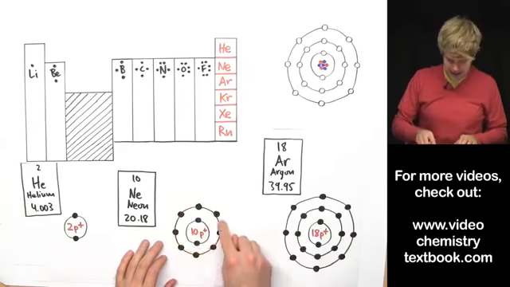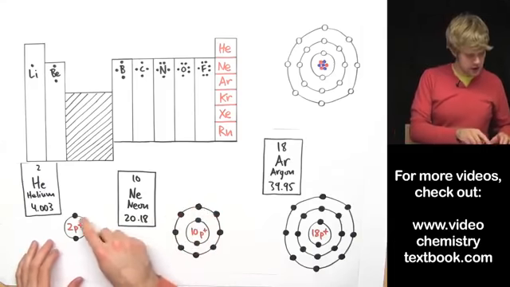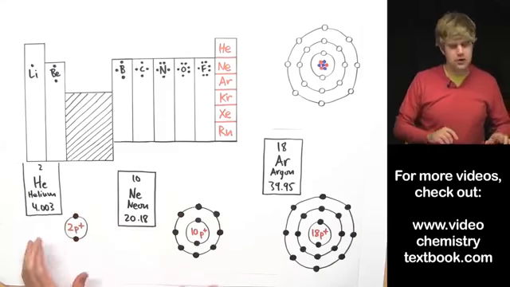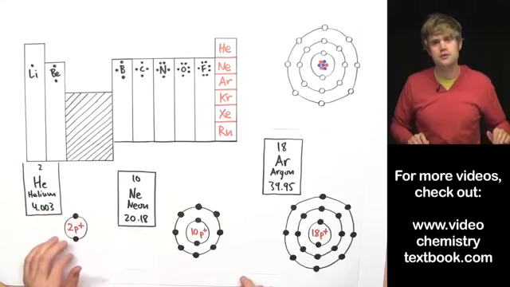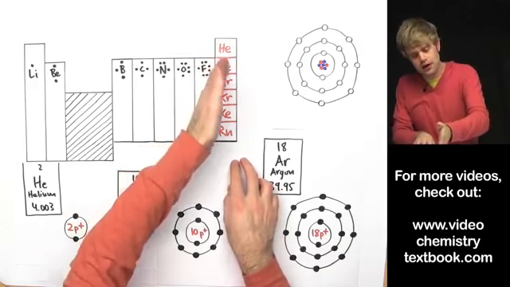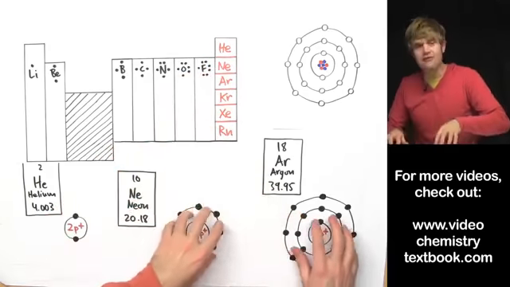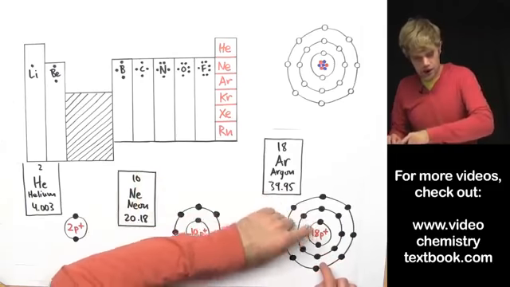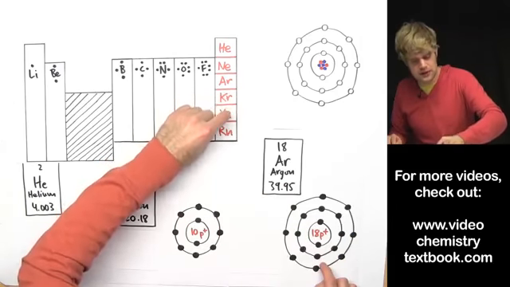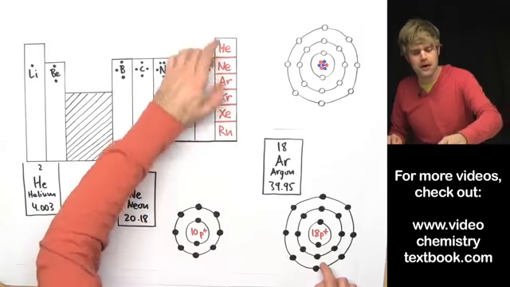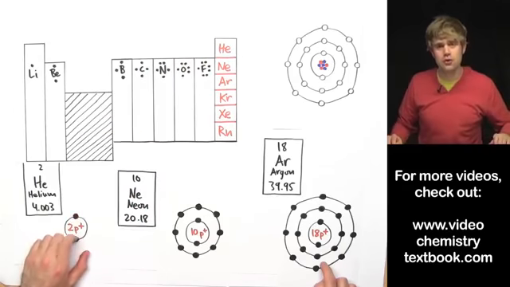Neon also has 8 valence electrons, but helium only has 2 valence electrons. Okay? So what's going on in this column is that most of these have 8. Neon has 8, argon has 8, as do krypton, xenon, and radon. But then there's helium that only has 2.